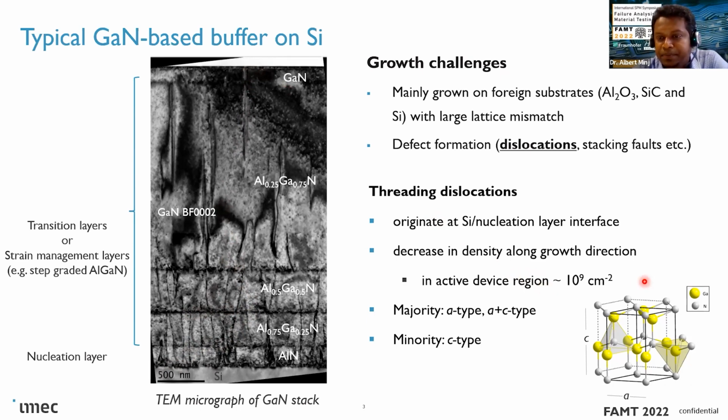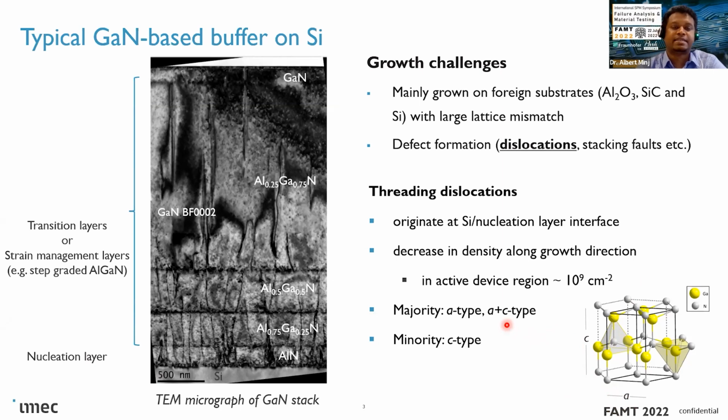Because the most common form of GaN is the wurtzite hexagonal crystal structure, these threading dislocations can have two types of Burgers vector. One is C type, along the growth direction, and one is A type, which is in plane. Threading dislocations can also have both, which we call A plus C type.